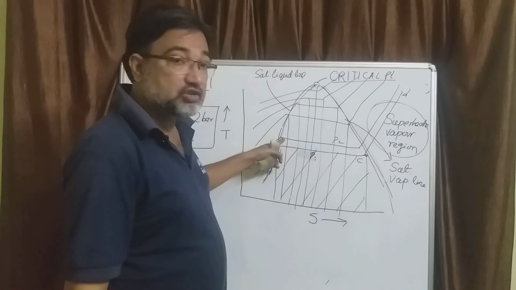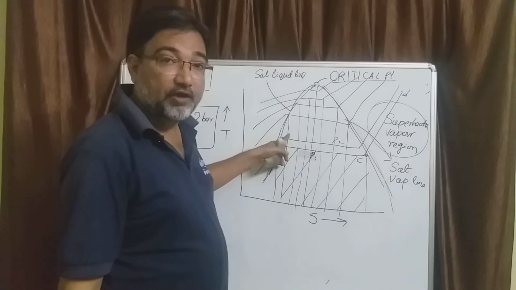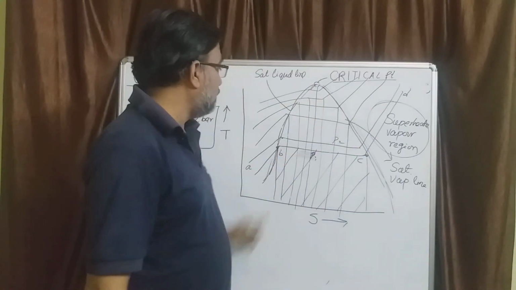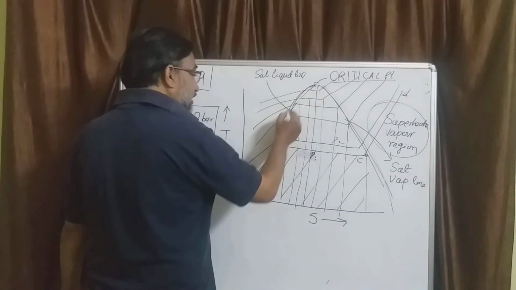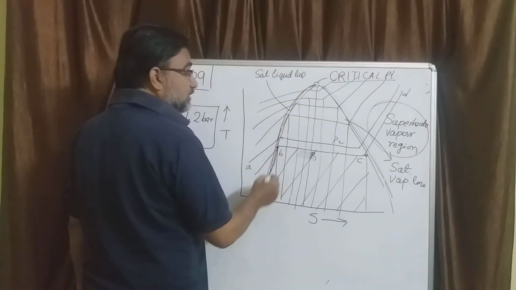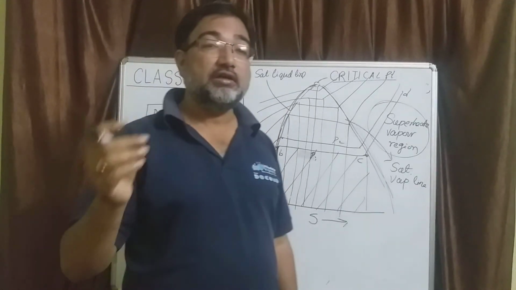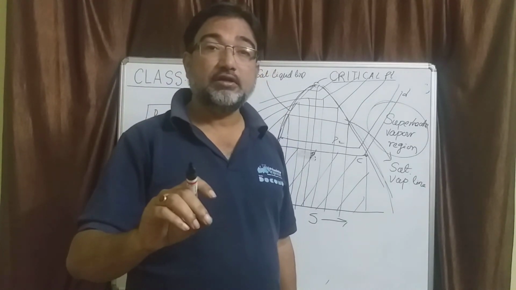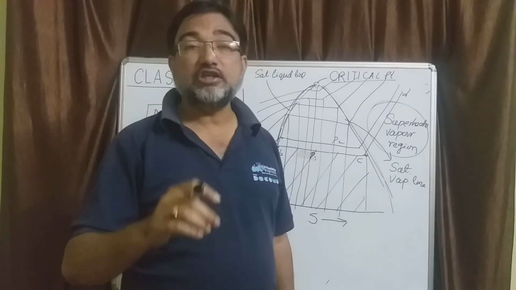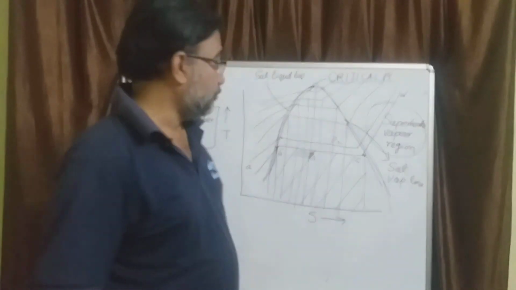This is called the transition region or transition phase, inside the dome, and along this line we have saturated liquid line. That means along this line, if you take any point, that point represents the saturation point, and beyond that the substance will not remain as liquid anymore.